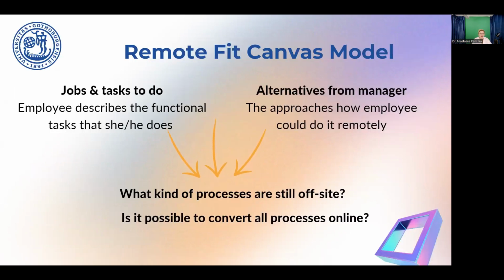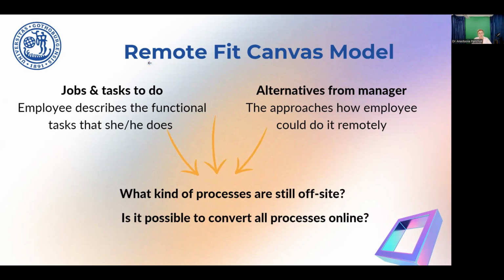To identify the further step and to switch to the remote work, we use the Canvas model. Ask your team members to explain and describe the functional tasks that she or he does in everyday work, not only remote, but the current state of activities.